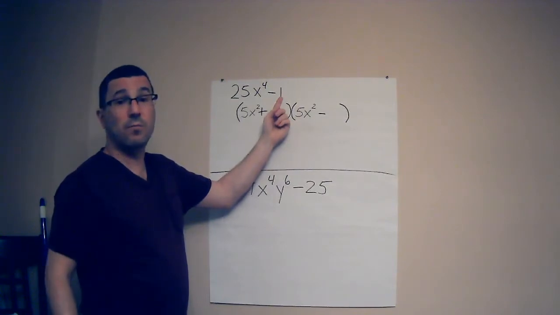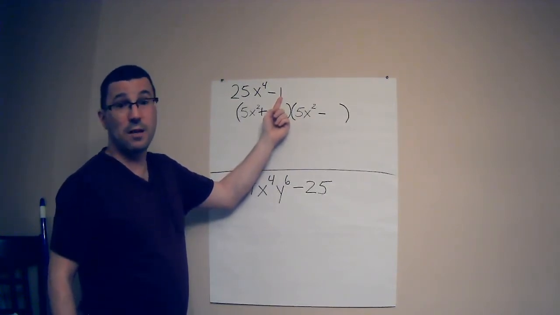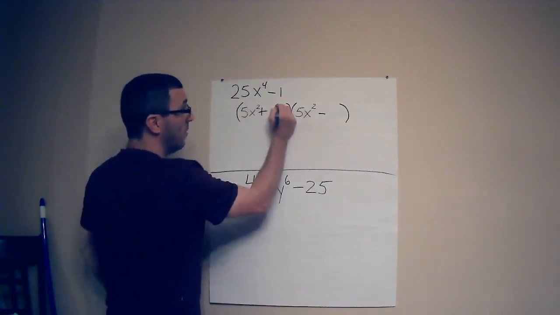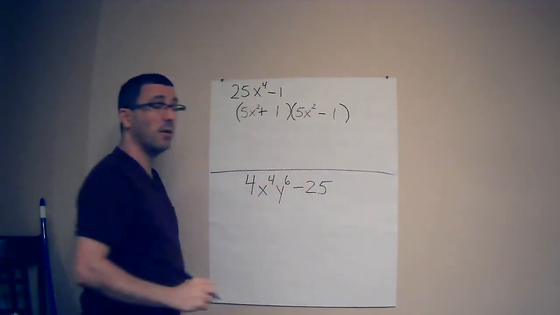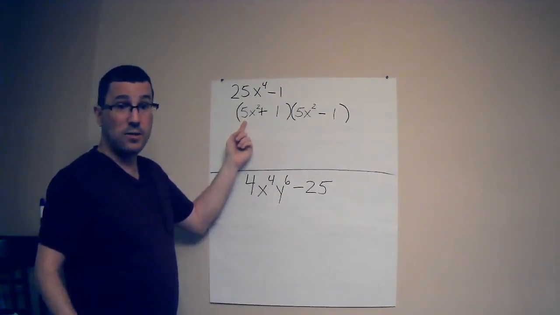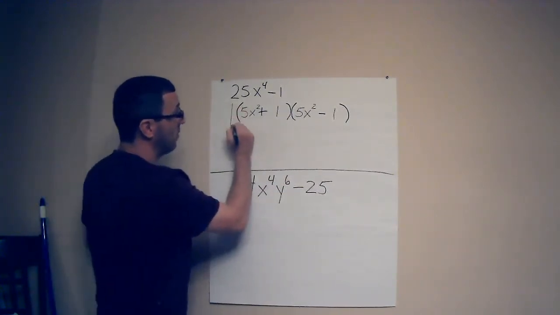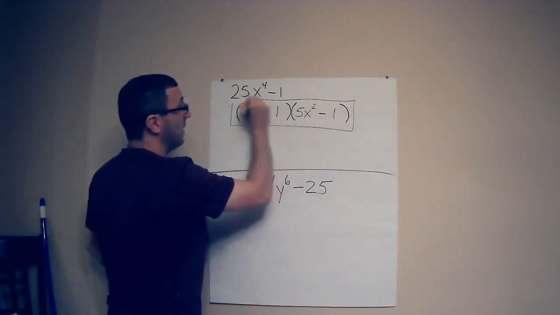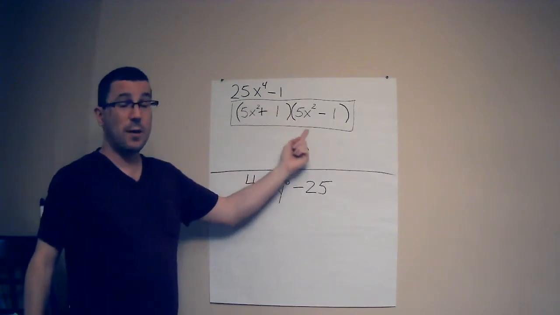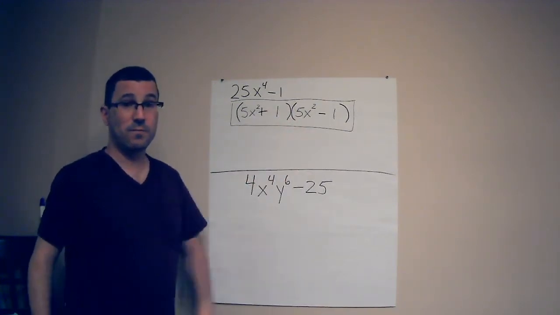Then we got the 1. What number times itself gives you 1? 1. So, right at the end. So our answer here, factored completely, is 5x squared plus 1 times 5x squared minus 1.